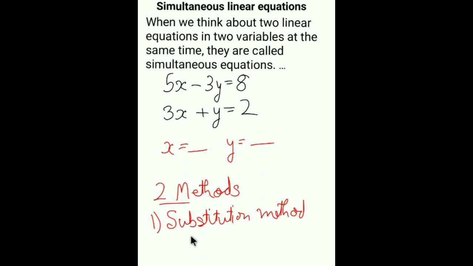The first method which we have seen in class 9th is the substitution method and the second method is the elimination method. Both these methods we have already seen in class 9th.